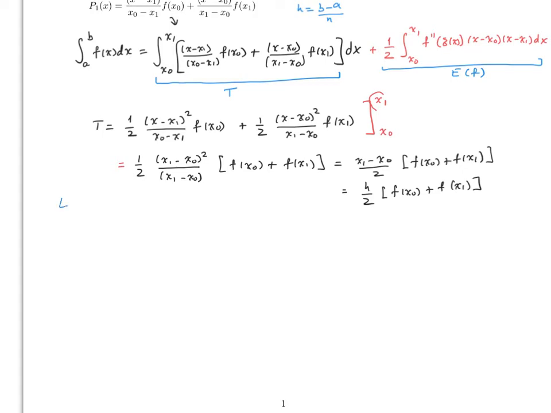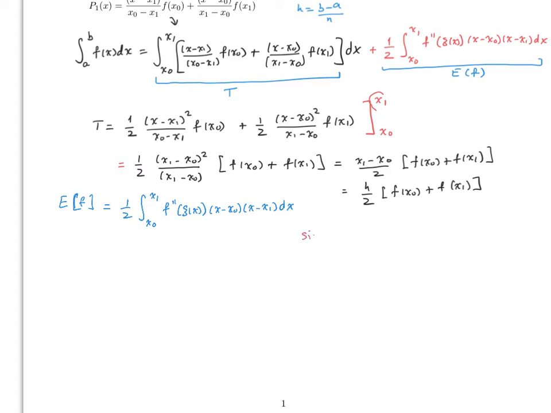Okay, now let's look at the error formula. So the error formula of the function f, remember, is equal to 1/2 the integral from x0 to x1 of the second derivative evaluated at some c, times x minus x0 times x minus x1, the whole thing dx.